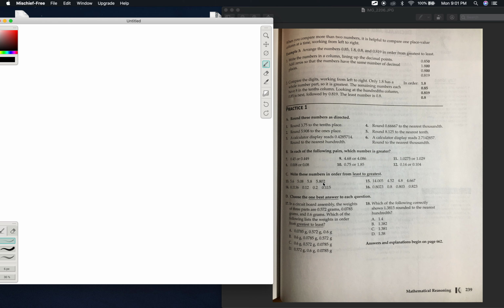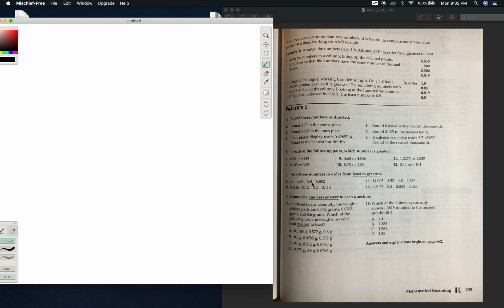Give me one sec here. Oh, are we supposed to put this in? Oh, right, in order of least to greatest. So we're not supposed to find the largest number. Regardless, this is the largest number.